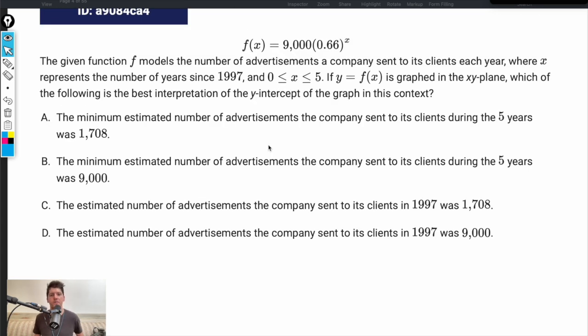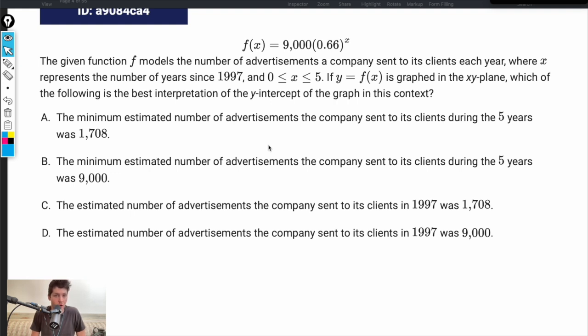All right, here's an interesting question. This is a question that asks us to interpret equations or interpret aspects of an equation. Okay, so I'll read the question for you, and then I'll talk to you about method. It says f of x is equal to 9,000 times 0.66 raised to the power of x.